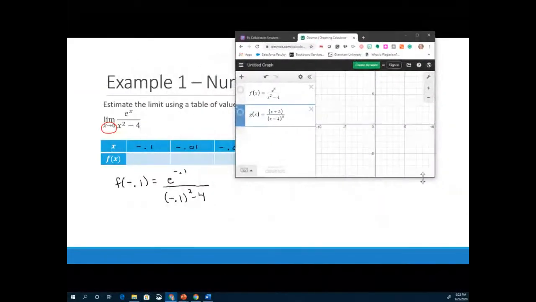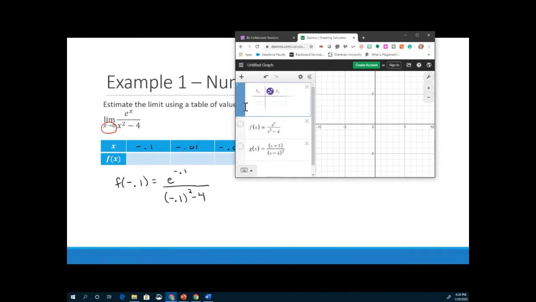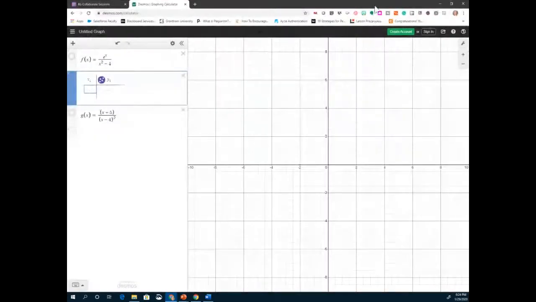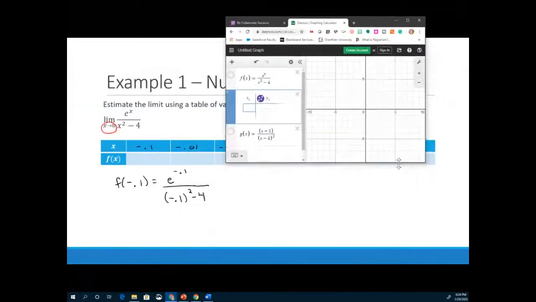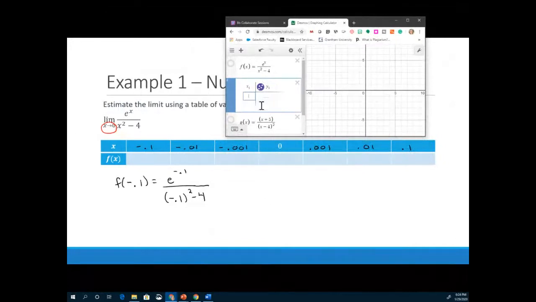You can do this by opening up Desmos. I've put the equation in Desmos already, and if you go to this plus sign, you can add a table. So I'm going to move this table after f of x. I want to be able to see what I'm entering in.